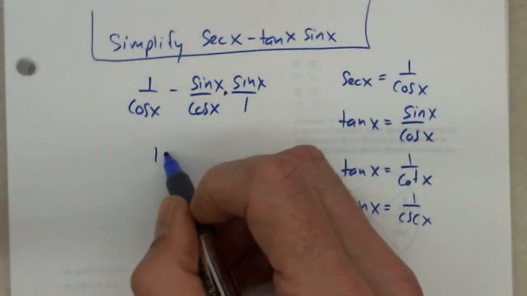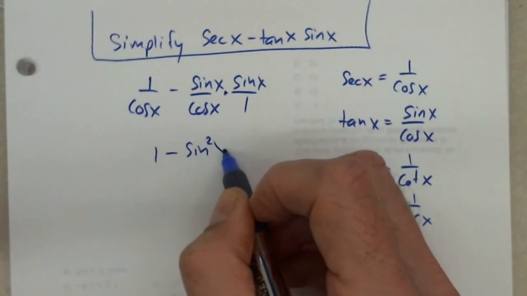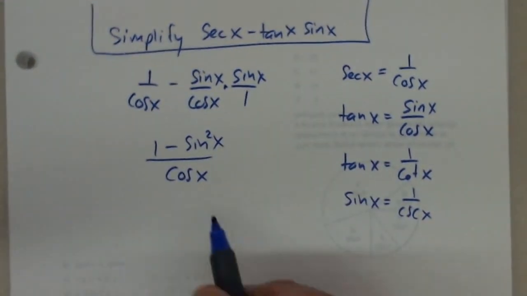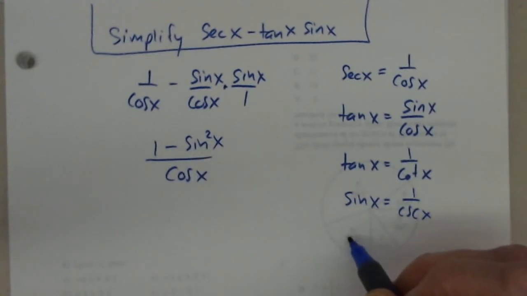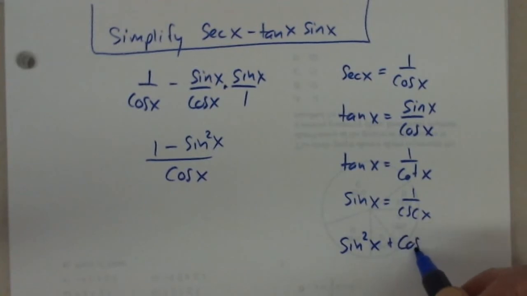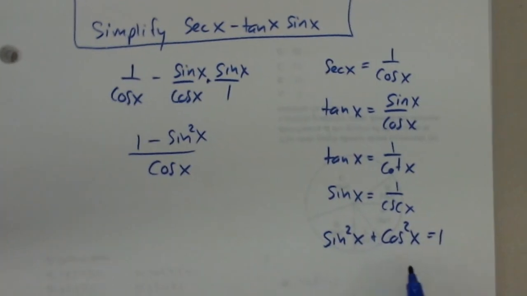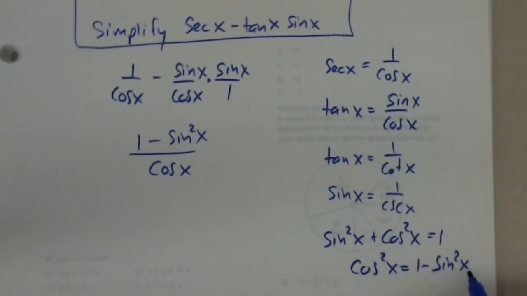So now we have 1 minus sine squared over cosine. We see a square, so let's look up the Pythagorean identity. Sine squared plus cosine squared equals 1. Can we make 1 minus sine squared up here out of this? We could just subtract sine squared, so cosine squared is 1 minus sine squared.